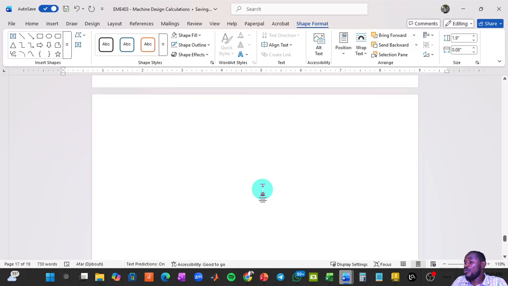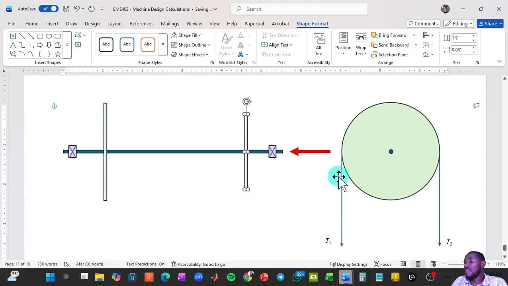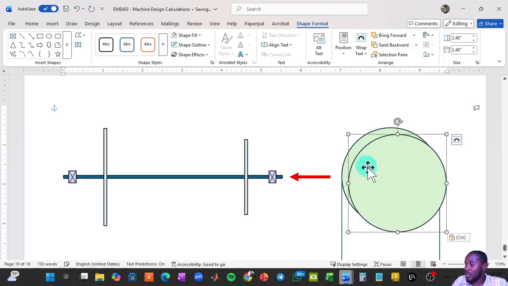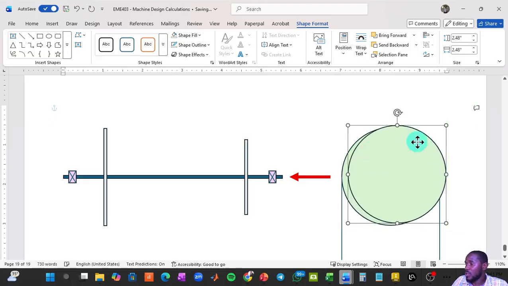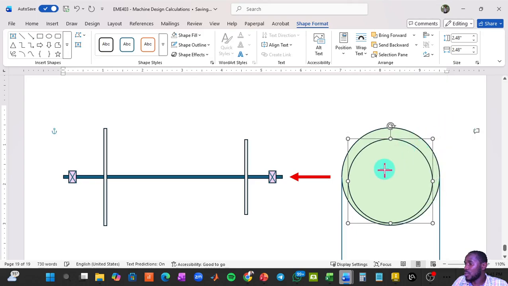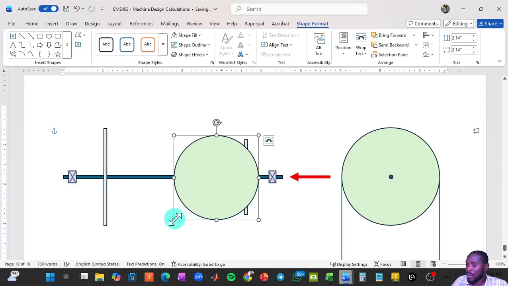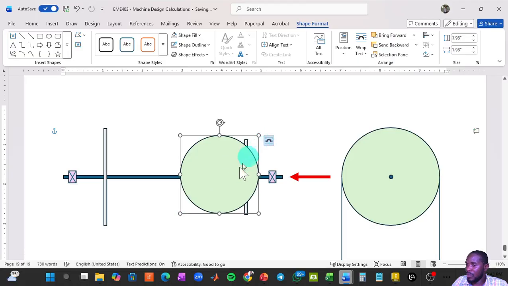So for this second one, I'm going to have another copy and paste. Let's reduce it. We actually want that to be about the same height as this one. Yeah, thereabouts.